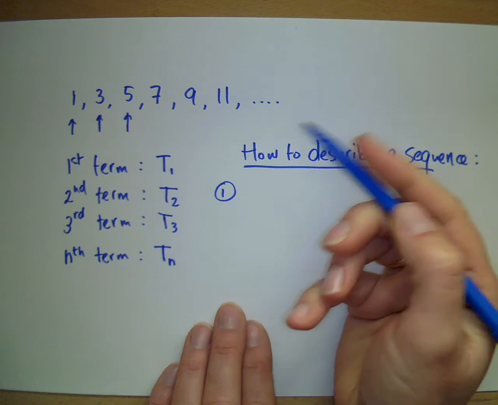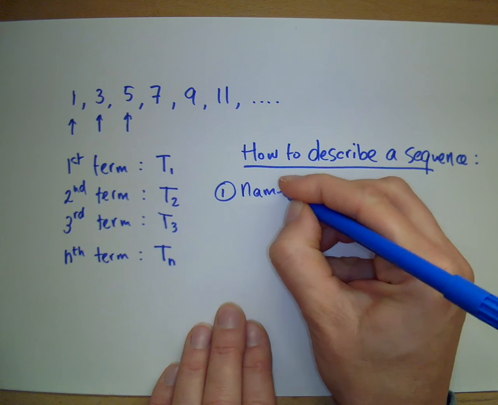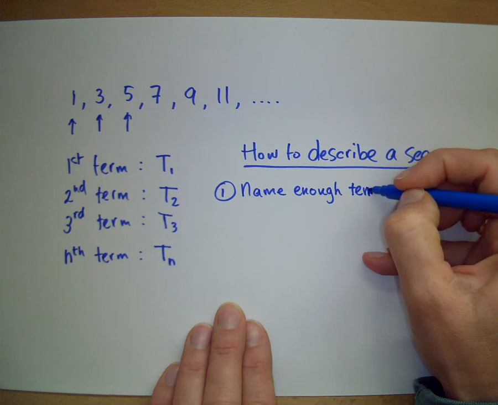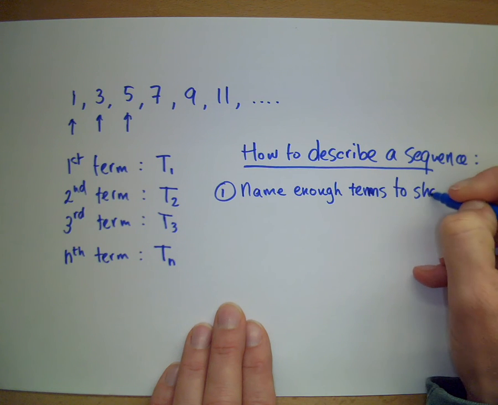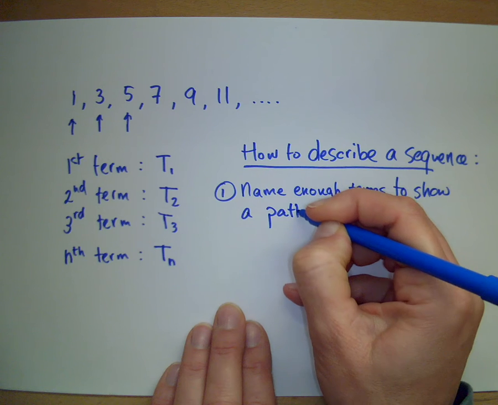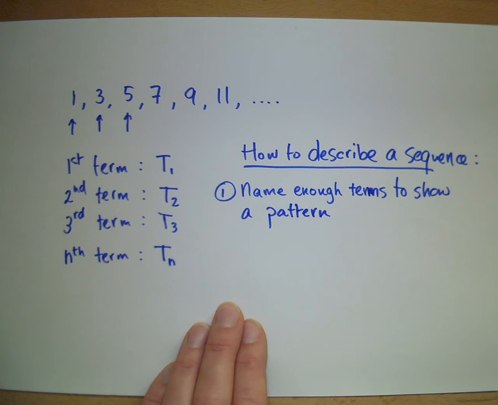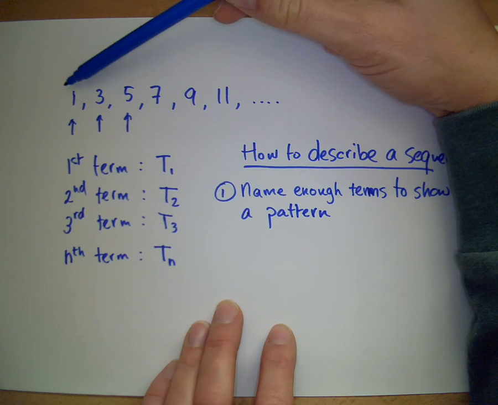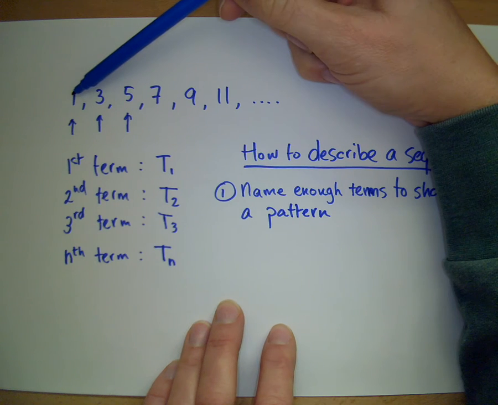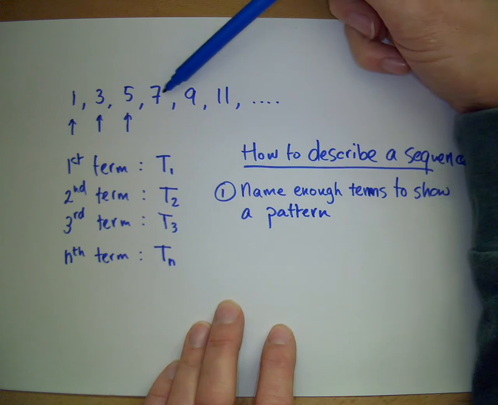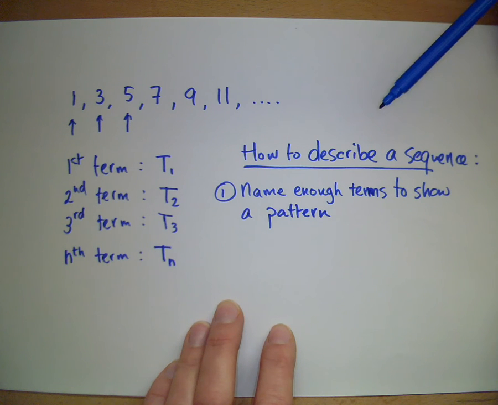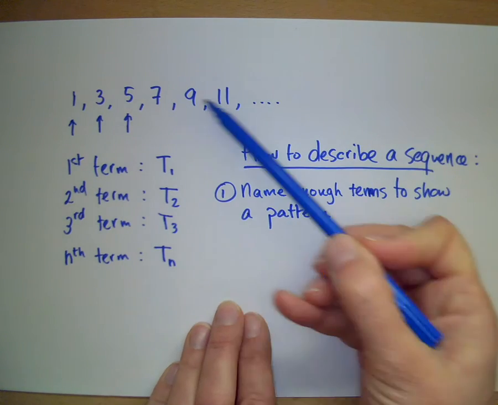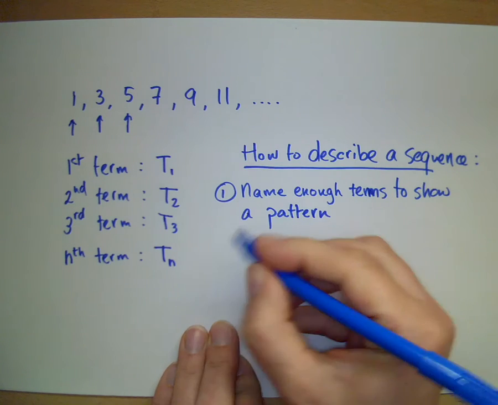In this case, it was enough to just name enough terms to show a pattern. A sequence always has a pattern. Maybe I should have said that first. But in this sequence, it's obvious what happens, right? These are the odd numbers, 1, 3, 5, 7, 9, 11. And now we know how this goes on until eternity, right? So this is all we need to describe this sequence and how things are going to go from here.